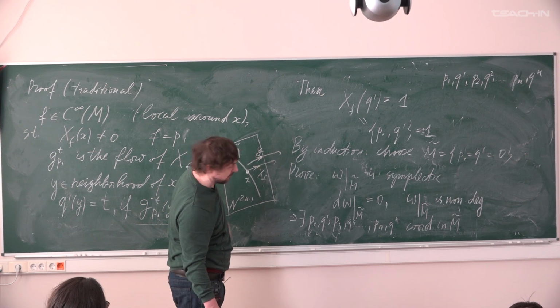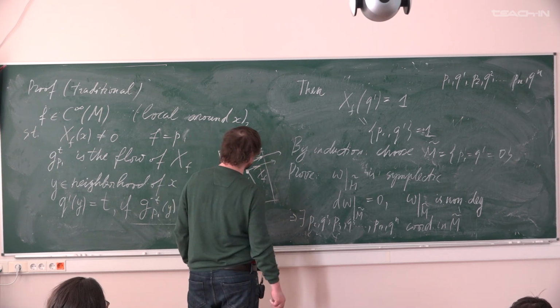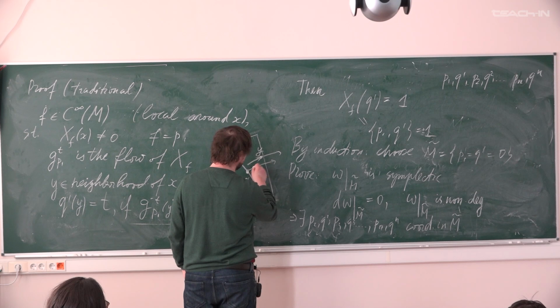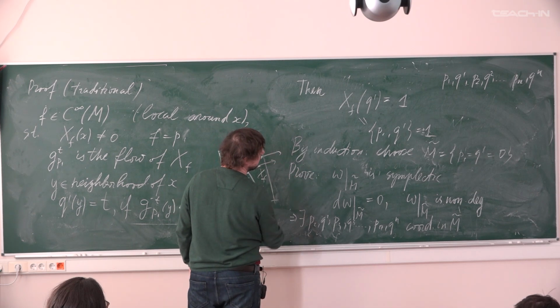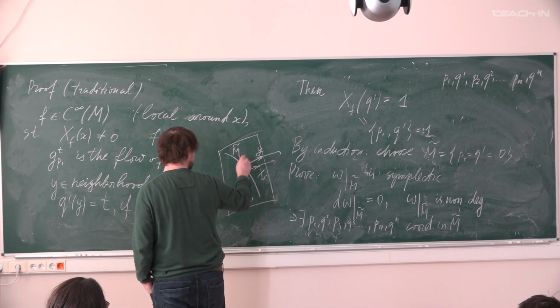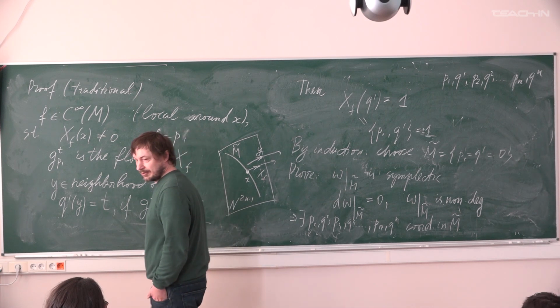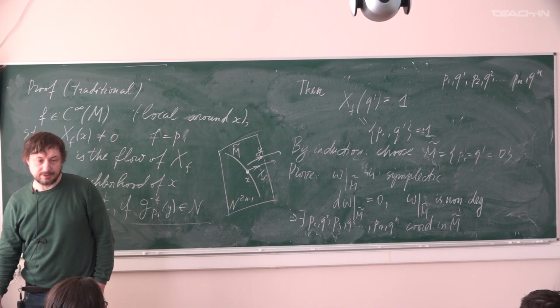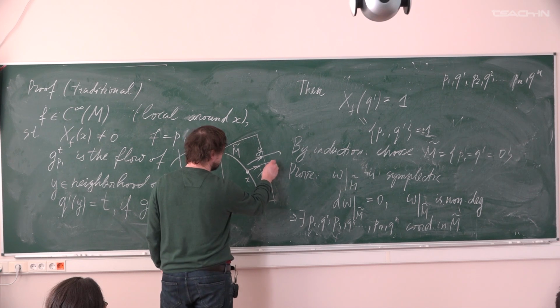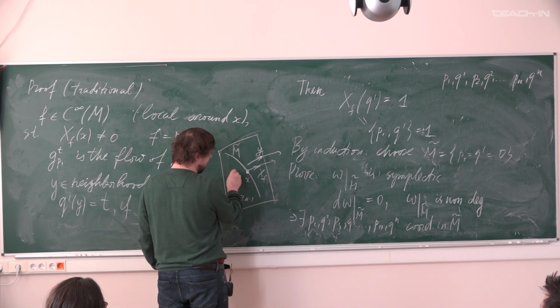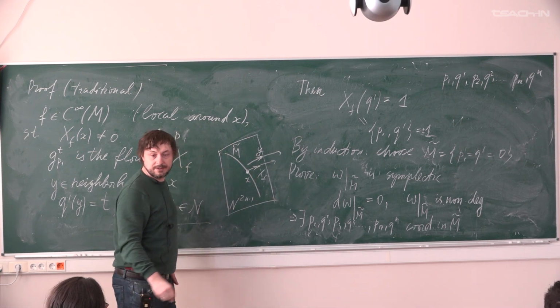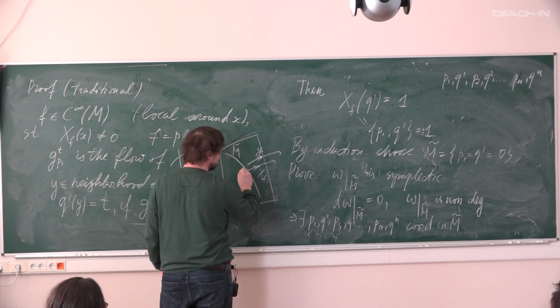So you just choose projections along the trajectories of p1 and q1 onto this M tilde, right? So you first project along the trajectories of p1 to N, and then you project along the trajectories of q1 to M tilde.